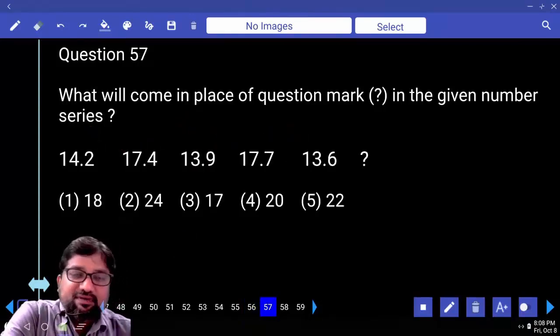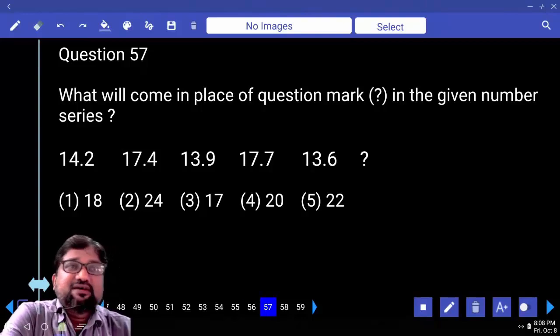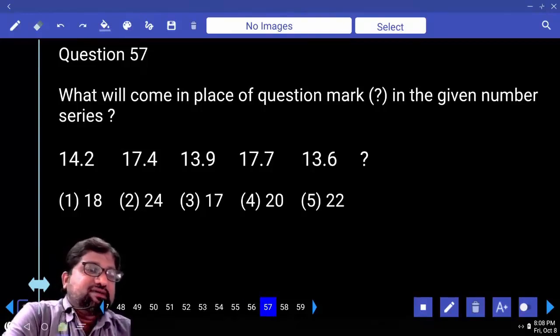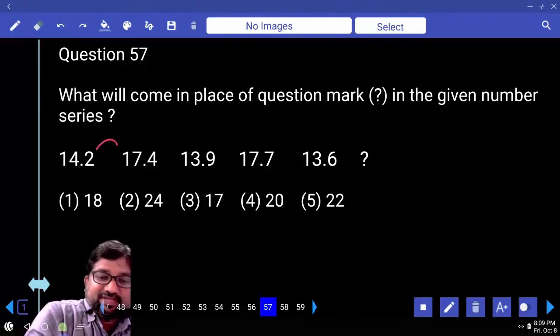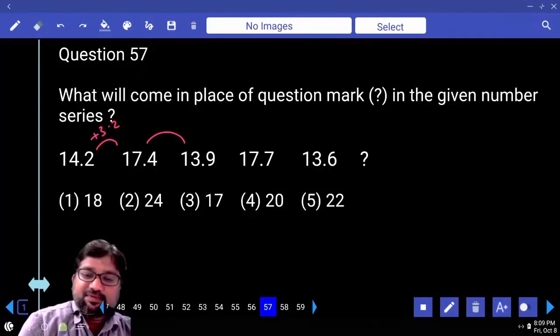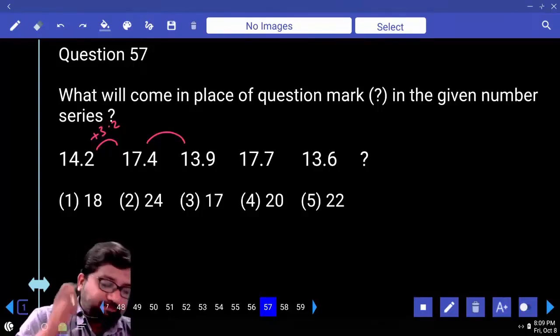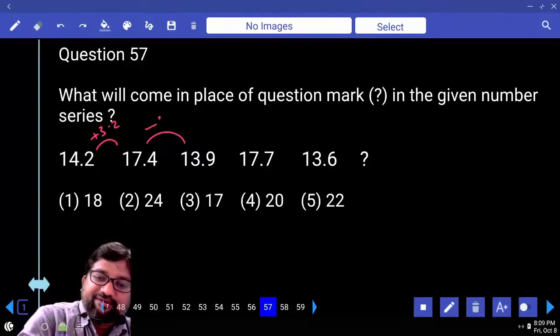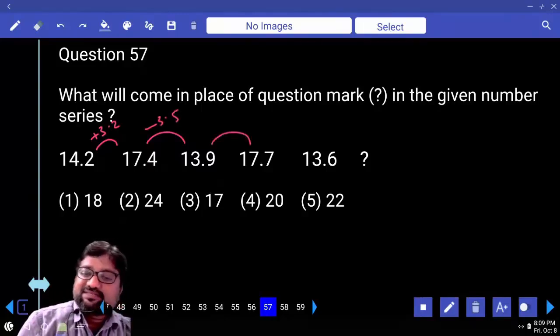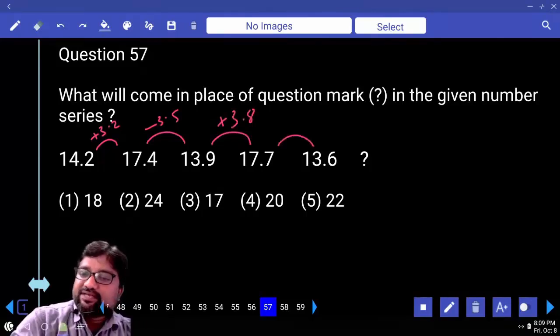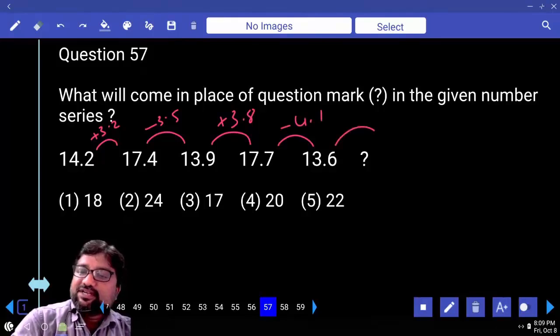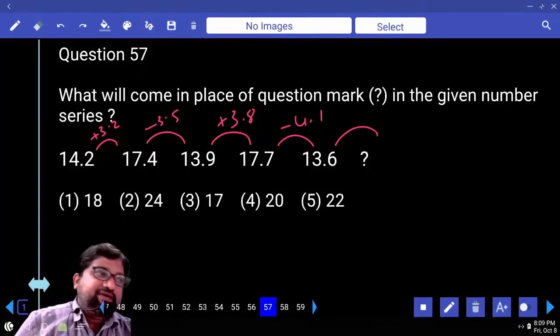Now what's happening here? Plus, minus. So when there is plus and minus, what do we do? Tell me. How much should we add now? Plus 3.2, minus, come on, minus, 3.5, plus 3.8, minus 4.1. The difference between these numbers is 0.3.